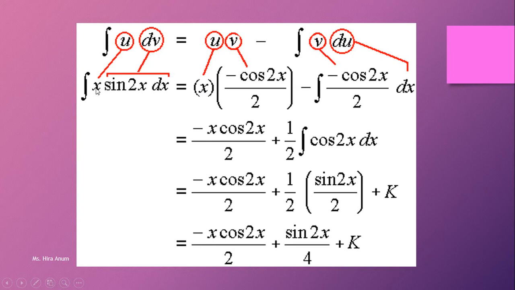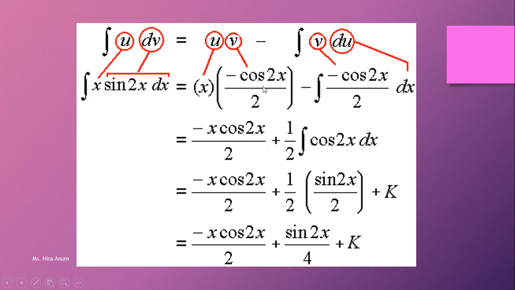Like integral u dv equals uv minus integral v du. u equals x, dv equals sine 2x dx. v is the integration of sine, which is minus cos 2x over 2, minus integration of v du, which is equal to minus cos 2x over 2, taking the derivative of x, which is equal to dx.